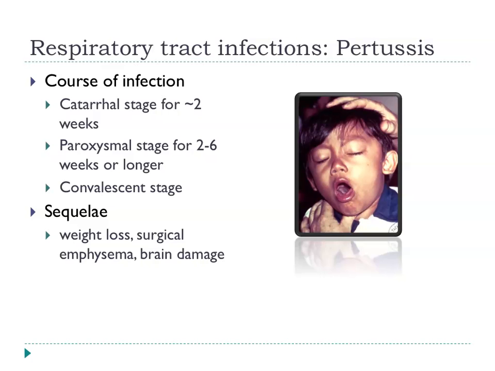There's 3 stages to the infection. You have what we call the catarrhal stage, which is pretty much like having a bad cough and a cold, snuffles. That lasts for a couple of weeks.